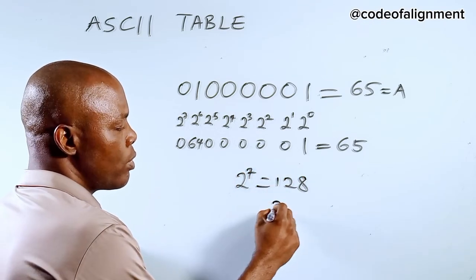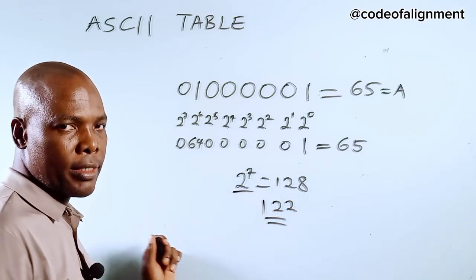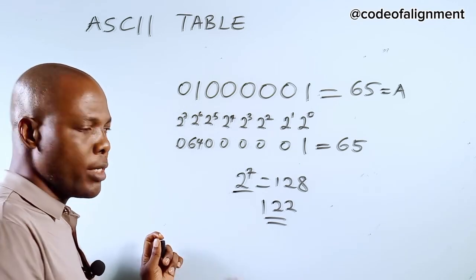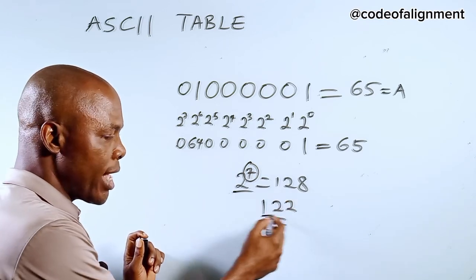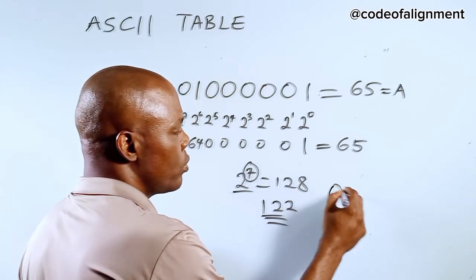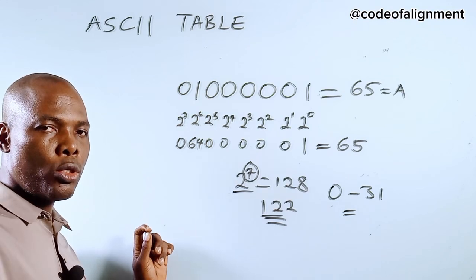So if they had 122 characters, then this can cover it, right? So the initial ASCII was using what? 7 bits, which is 128, and that catered for 122 characters. So the first 0 to 31 were used for what? Control characters.